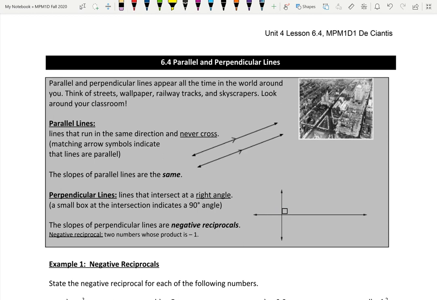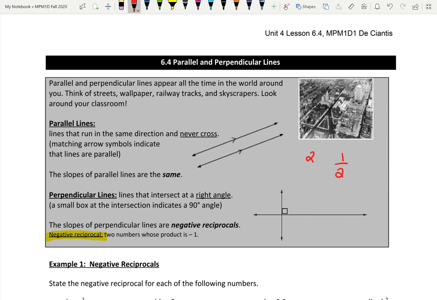Their slopes, these two lines, their slopes are negative reciprocals of each other. The reciprocal means the opposite. So if one of the lines has a slope of 2, then the reciprocal of 2 is 1/2.